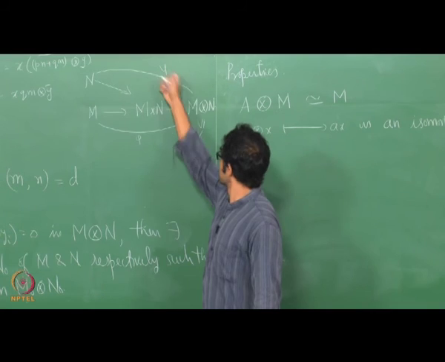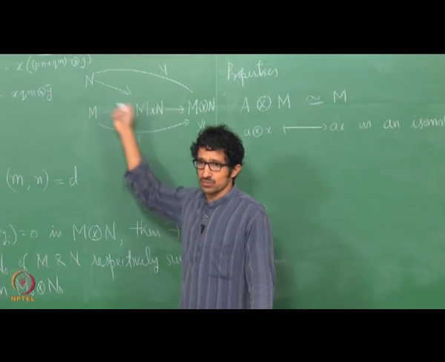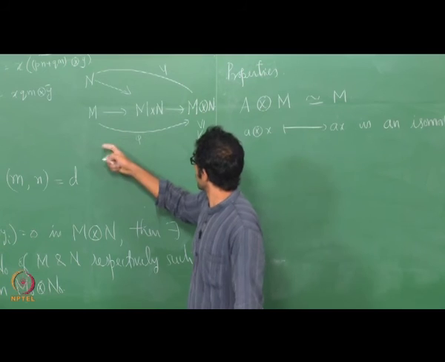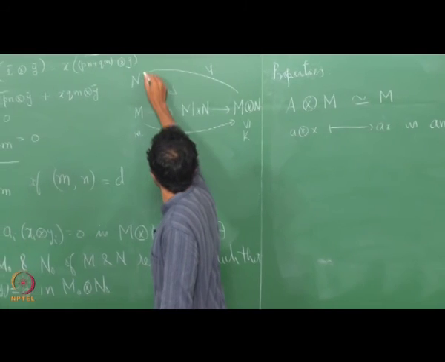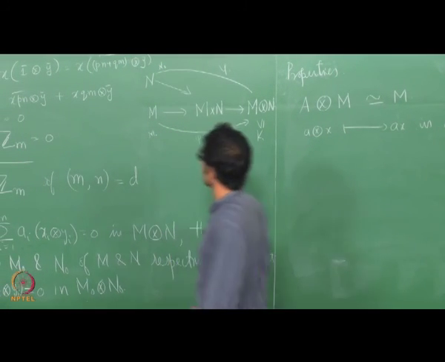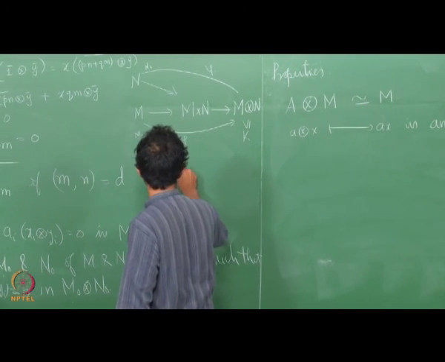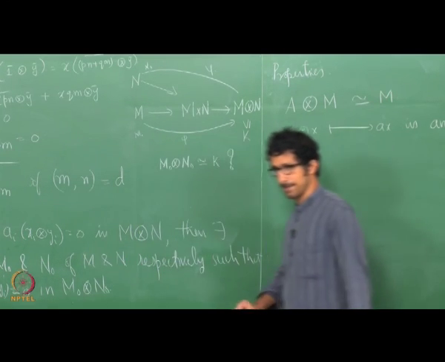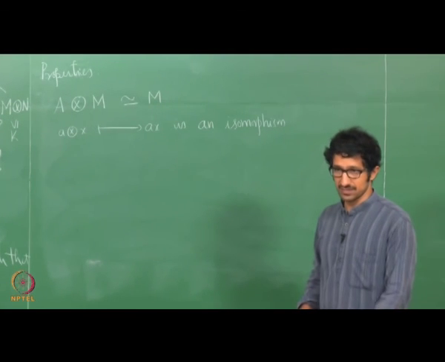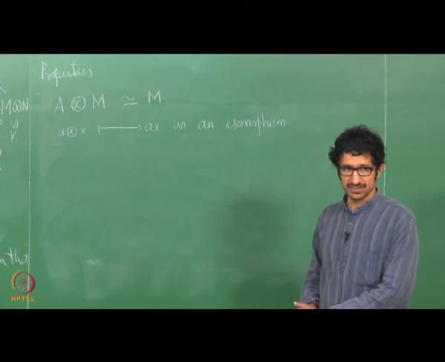So psi inverse of K will again be a submodule of N. If I call these M naught and N naught, check whether M naught tensor N naught is the same as K, and see how we constructed the module M tensor N.